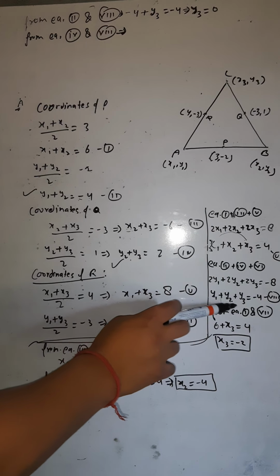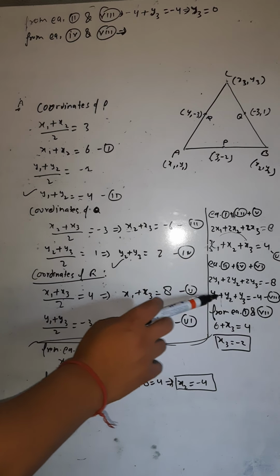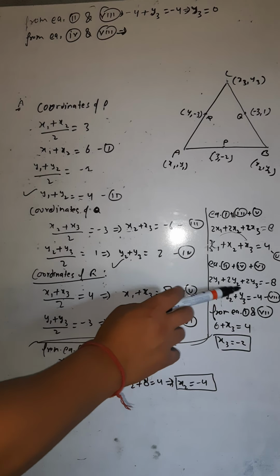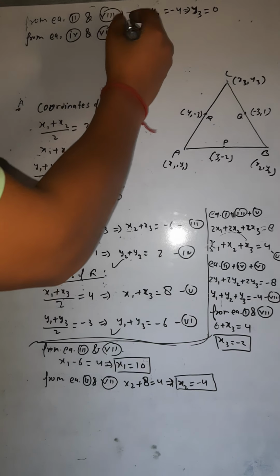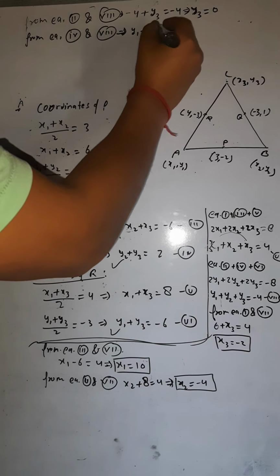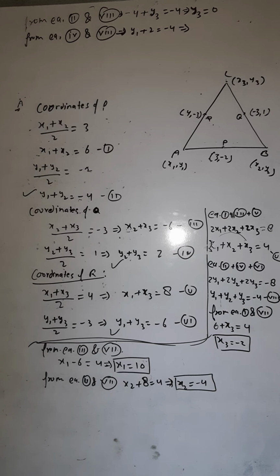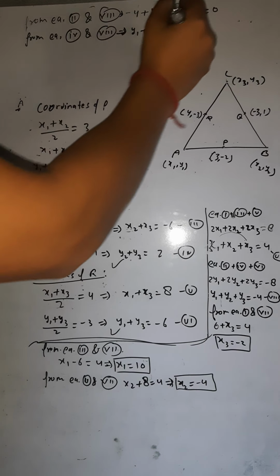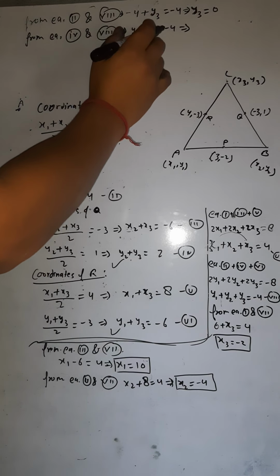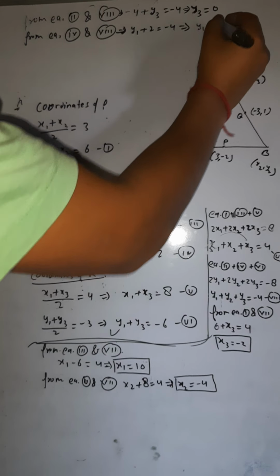So in place of y2 plus y3, I can write 2. So y1 plus 2 is equal to minus 4. From here you have the value of y1. This 2 would go there and become minus 2. So y1 would be how much? Minus 4 minus 2, minus 6. So y1 would be minus 6.